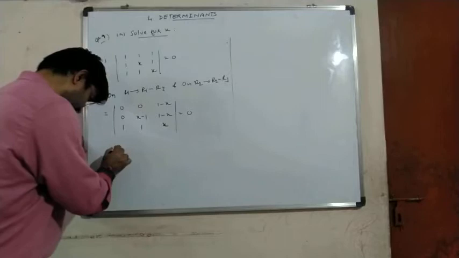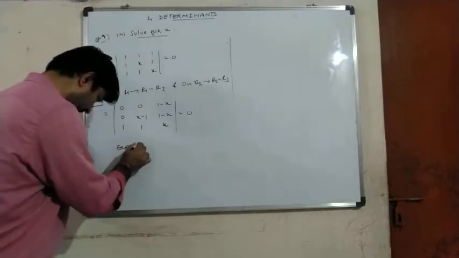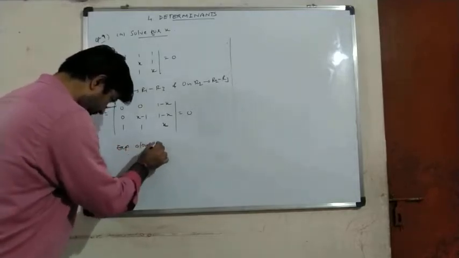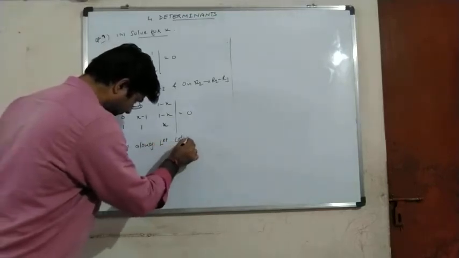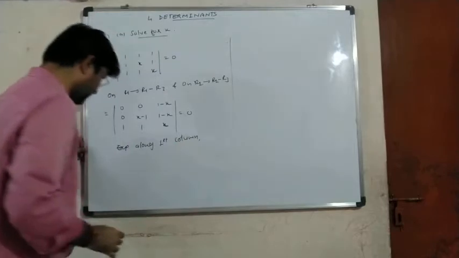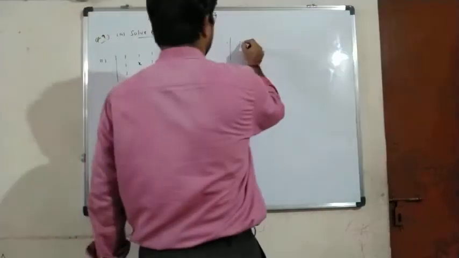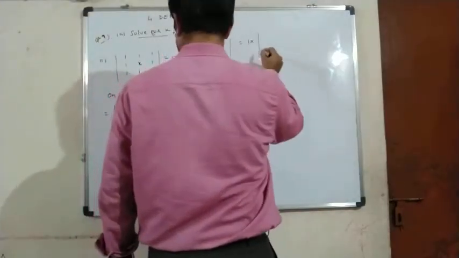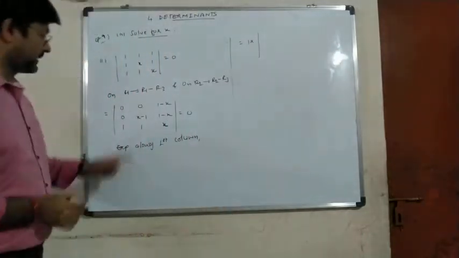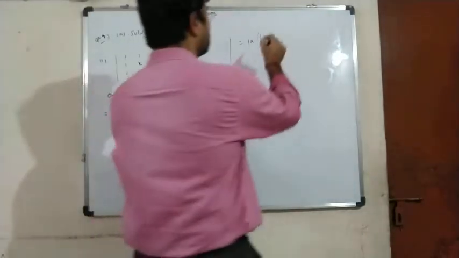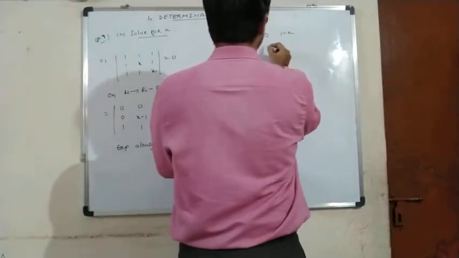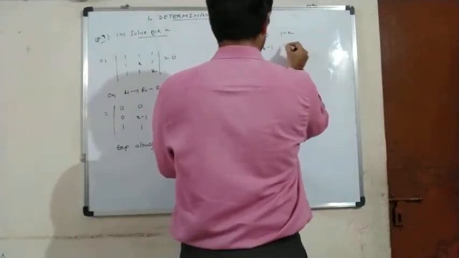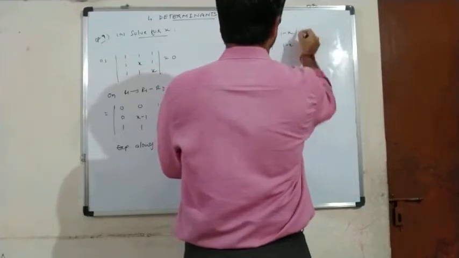So let me expand along the first column. So equal to 1 into the determinant 0 1 minus x, x minus 1 and 1 minus x.